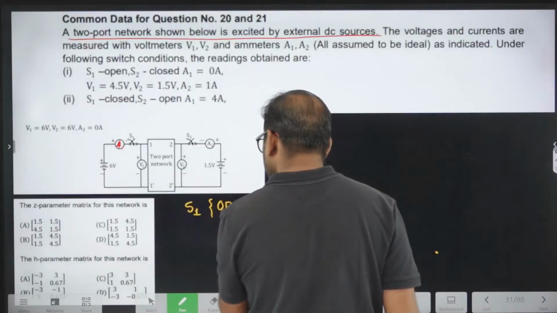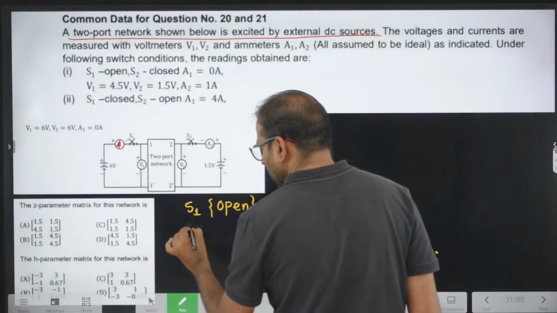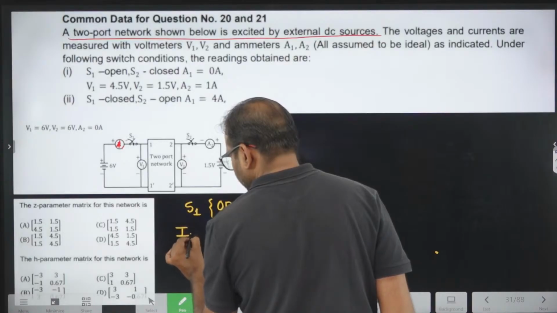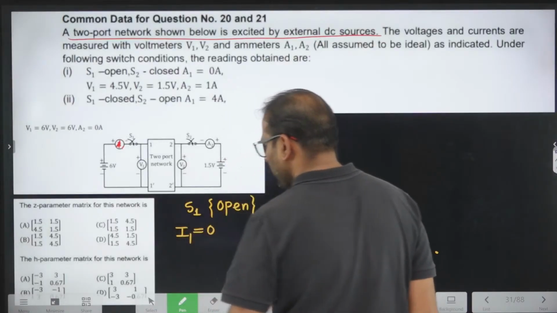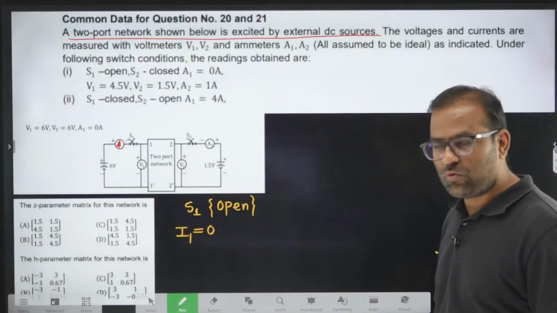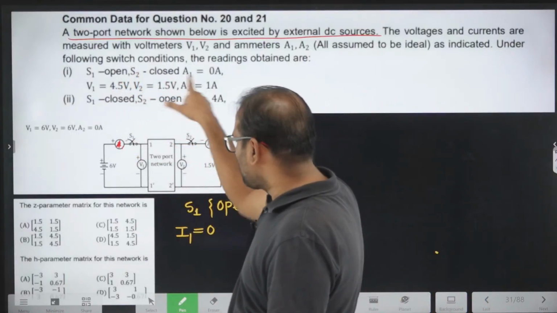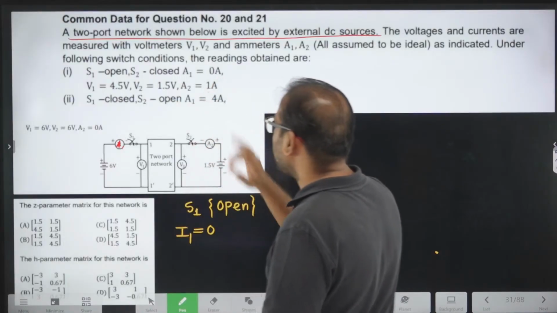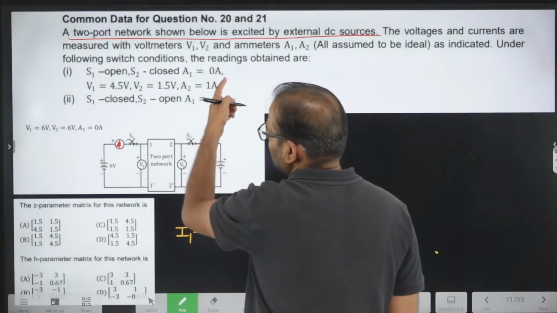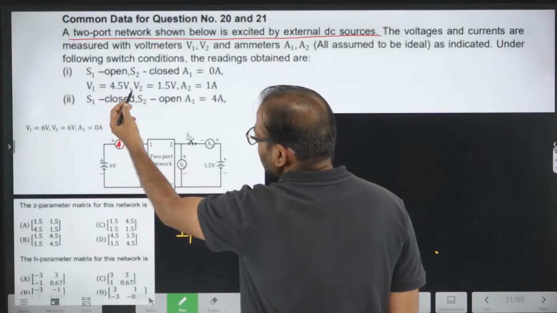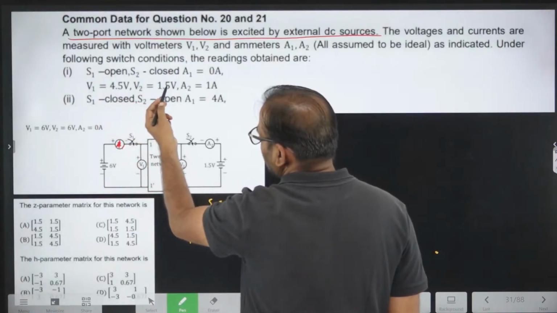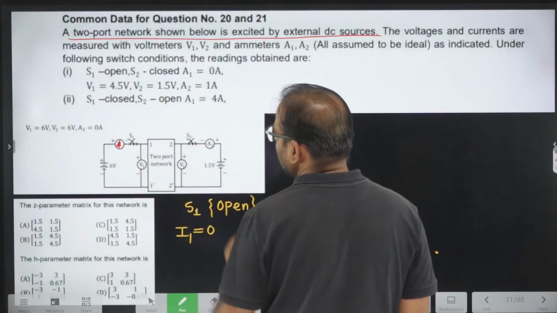Open switch means I1 equals 0. If S1 is open and S2 is closed, then A1 reads I1 equal to 0. Then V1 is given as 4.5, V2 is given as 1.5, and A2 is given as 1.